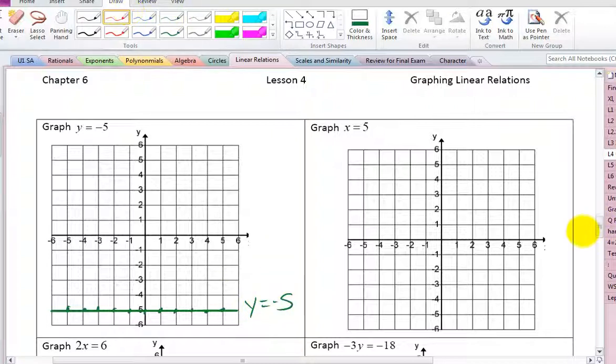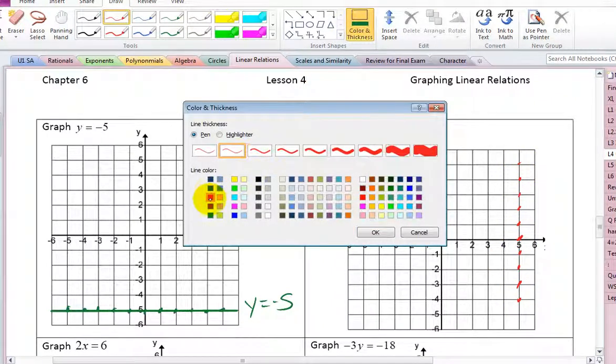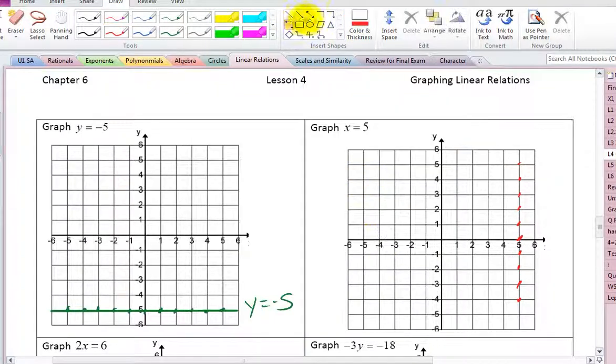What about x equals +5? Graph that. There you go.